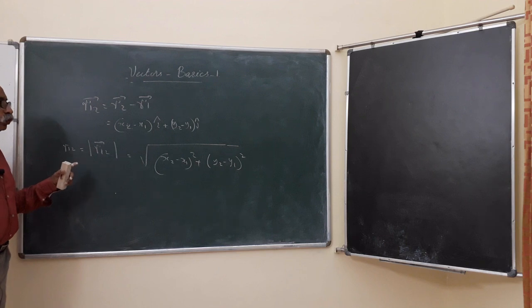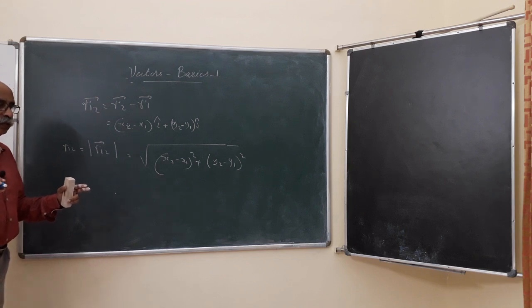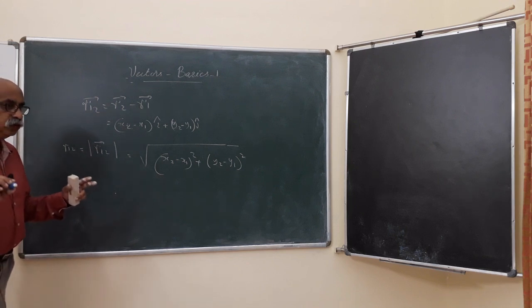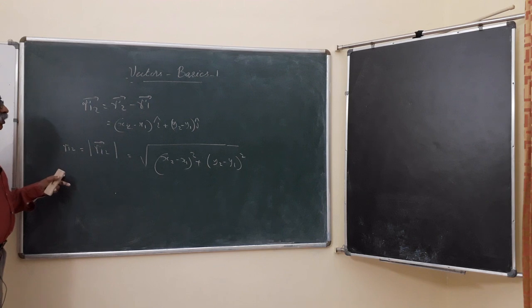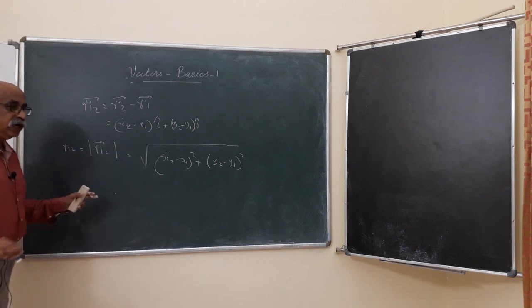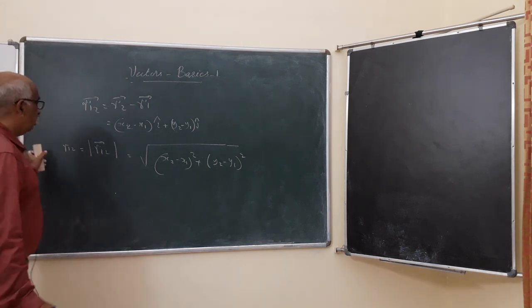i, j, k, I told you, are unit vectors. Their magnitude is unity. Their directions are fixed for Cartesian coordinate systems. They have no dimensions or units.